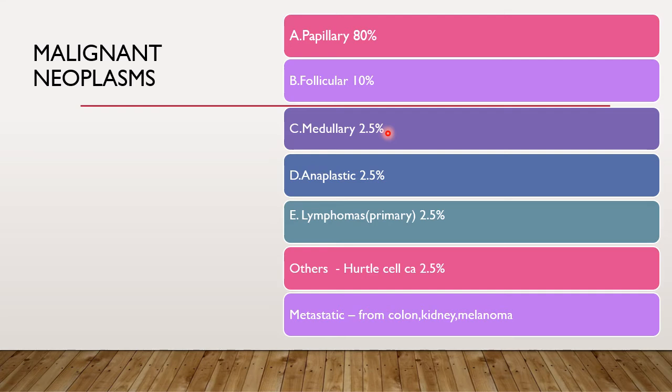The other cancers, the medullary, constitute about 2.5% of the thyroid tumors, and anaplastic, another 2.5%. The others, which are much rarer, are the primary lymphomas of the thyroid, the Hurthle cell carcinoma, and the metastatic from the colon, kidney, and melanoma.